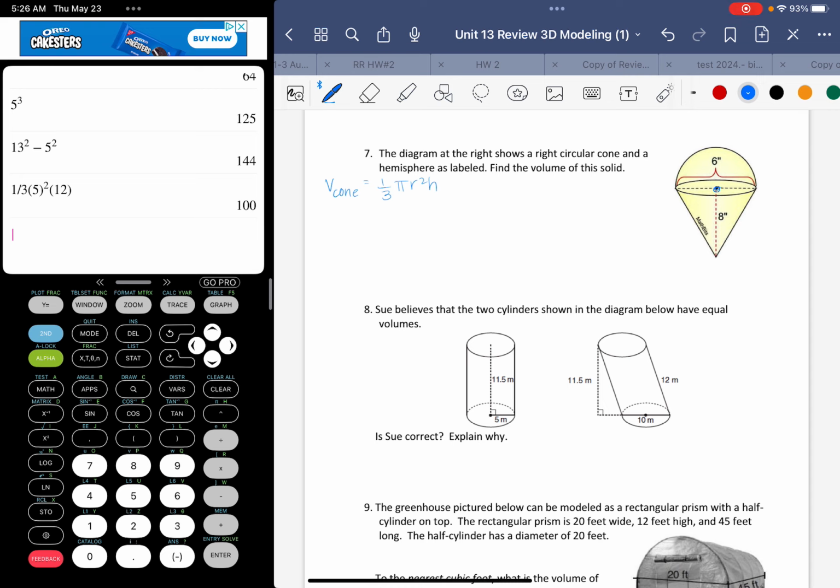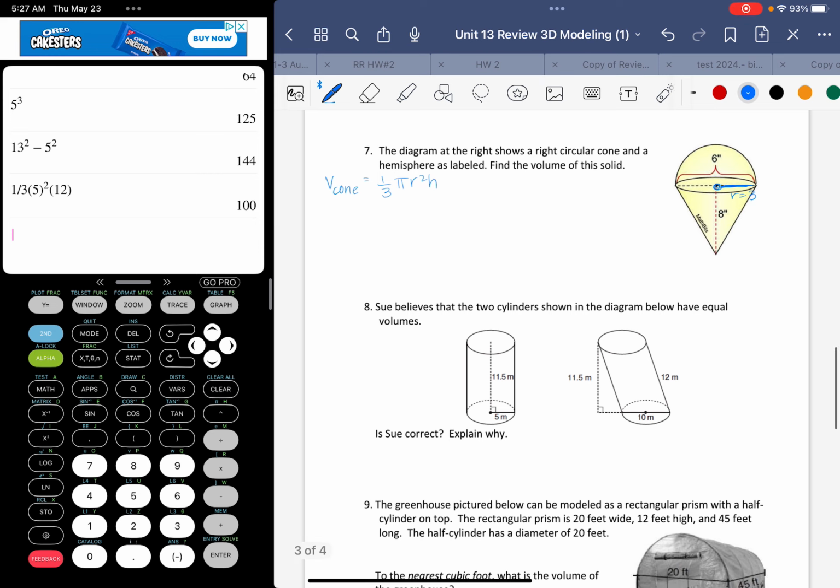Now the radius of this cone, they gave us the diameter of 6, so the radius is 3. So it's going to equal 1/3 pi times 3 squared times the height, which was 8.